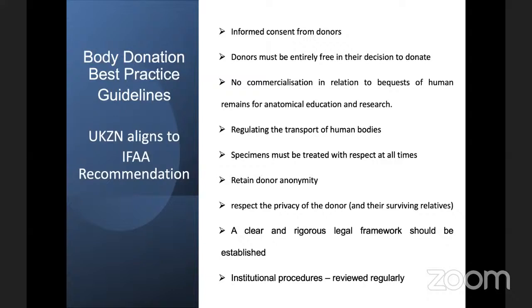So one of the key areas we are working on at UKZN is the establishment of guidelines regulating the transport of human bodies or body parts within and between provinces. This arose as a consequence of us acquiring cadaveric material from other provinces when we had a critical shortage.